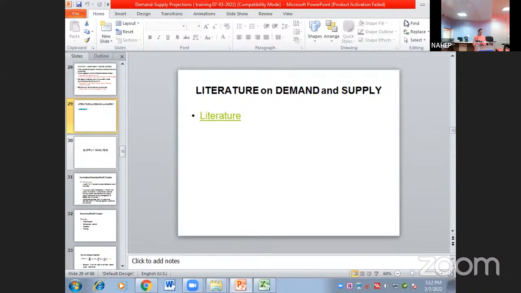The topic will be demand and supply analysis. So in the morning, we estimated the demand model.